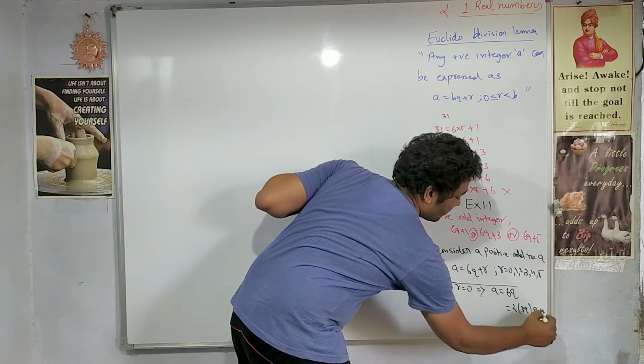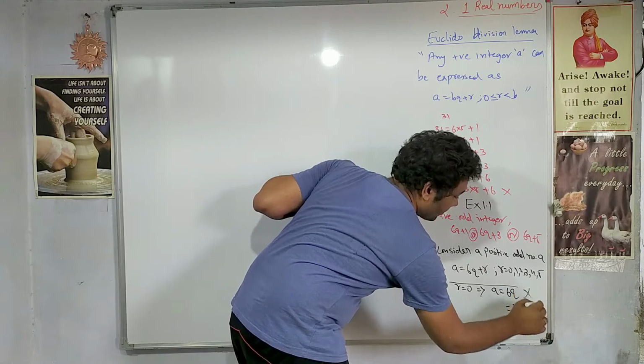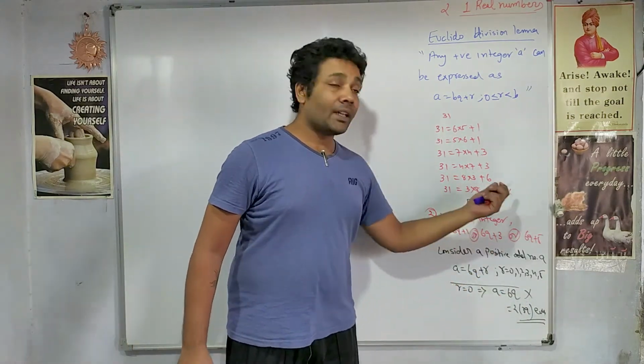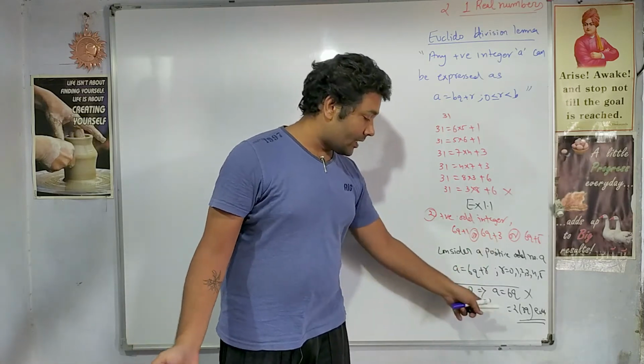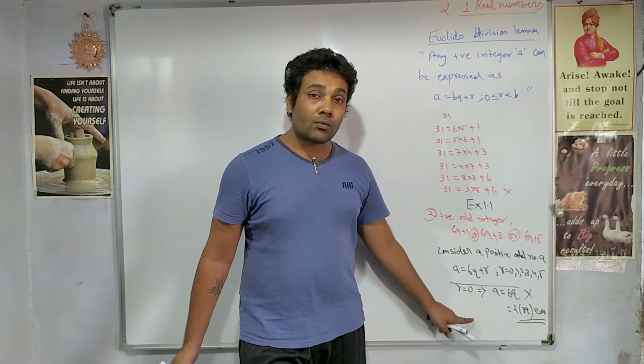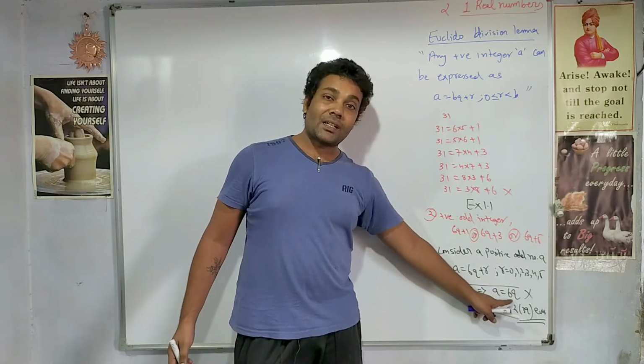It is an even number, so it is not representing an odd number. A contradiction arises: if r is 0, we get 6q, and this number is even.